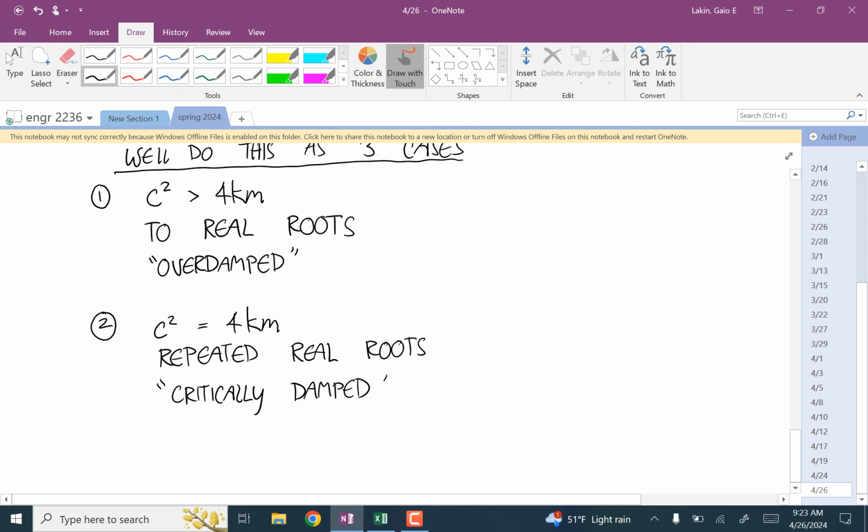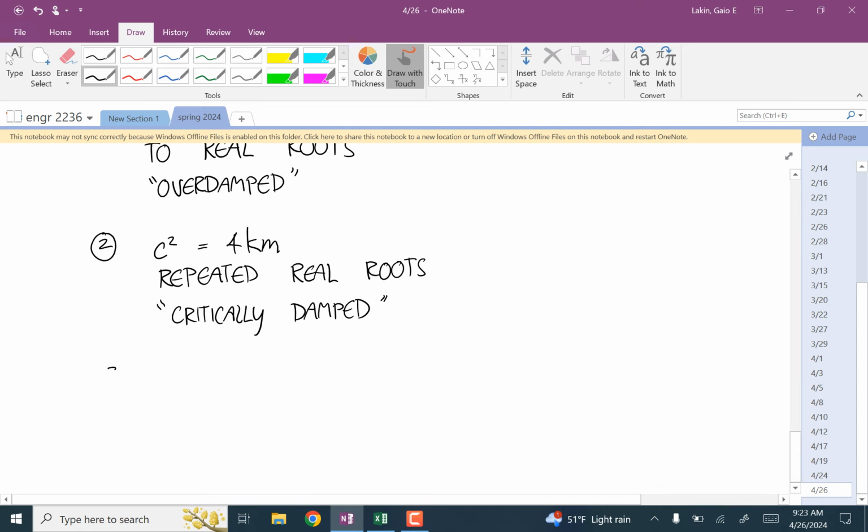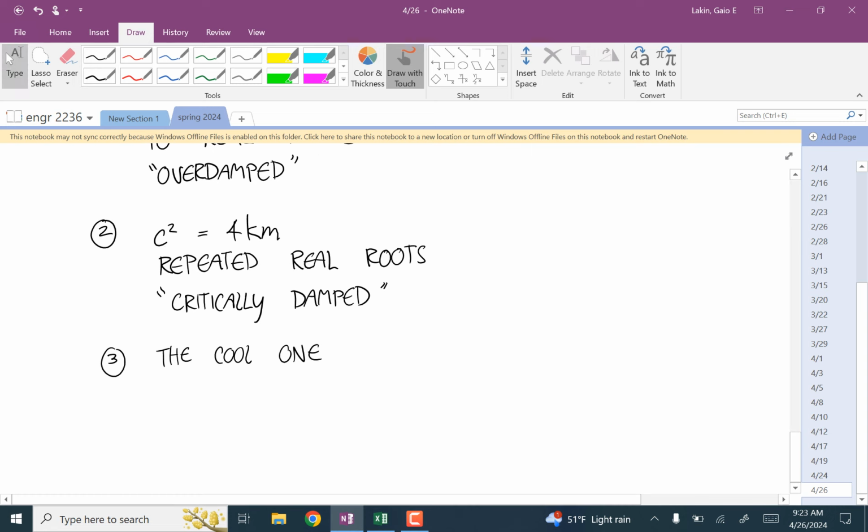And in the case of control systems, this is usually what you're trying to achieve. Okay? And then the last one, the cool one. It's actually sort of when you see the solution, you're like, all that work for this? But mathematically, it's the cool one. This is the case where 4km is greater than c squared.